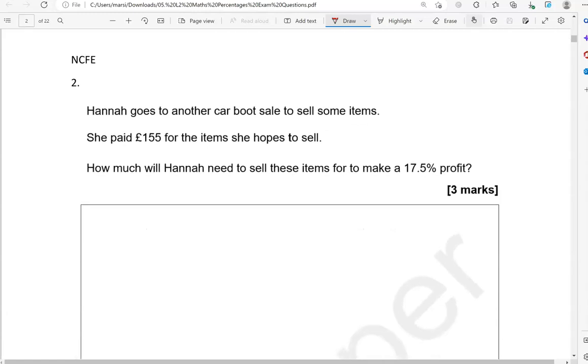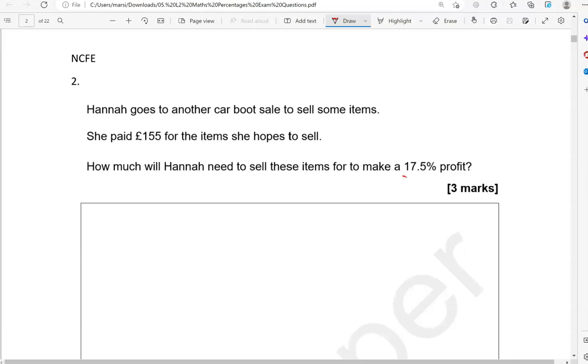Here is another question which also links to selling at a car boot sale. Hannah goes to another car boot sale to sell some items. She paid £155 for the items she hopes to sell. How much will Hannah need to sell these items for to make a 17.5% profit?